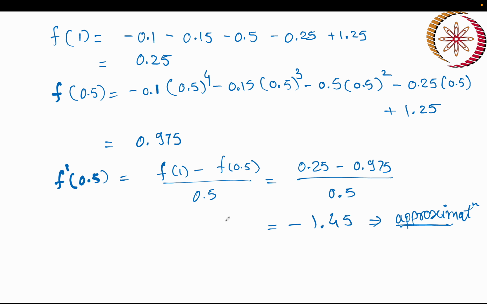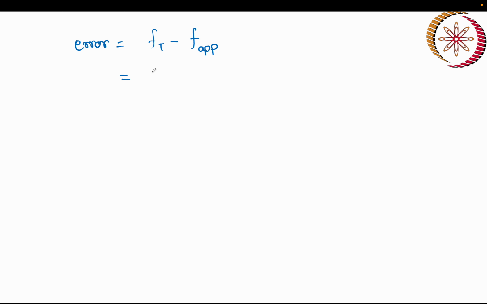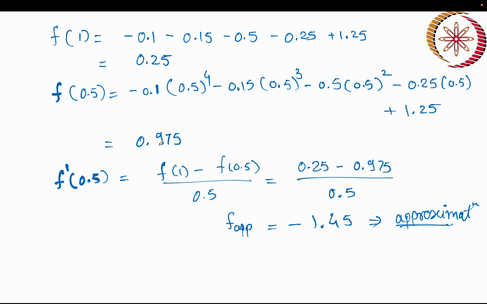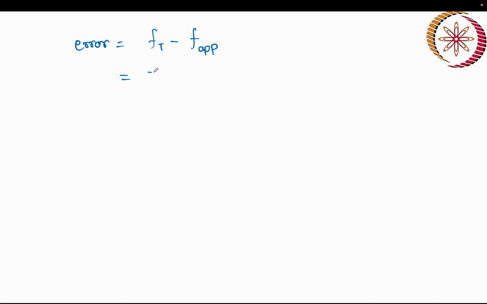We'll call this f approx, and the other value is f true. So the error is f true minus f approx. f true is minus 0.9125, and the approximated value is minus 1.45.